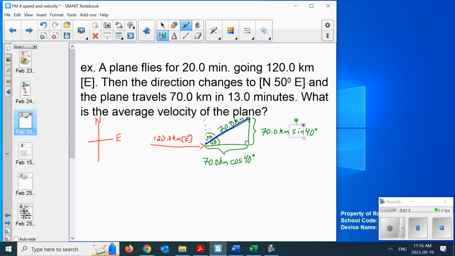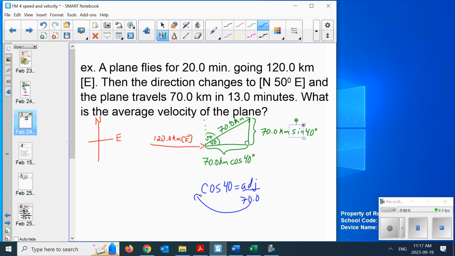I'm going to change color and then erase what I wrote. Here's what I'm expecting you guys to know. Cosine of this 40 degrees here is adjacent over hypotenuse, right? We know the hypotenuse is 70. So if I solve for adjacent, it's just multiplying by 70.